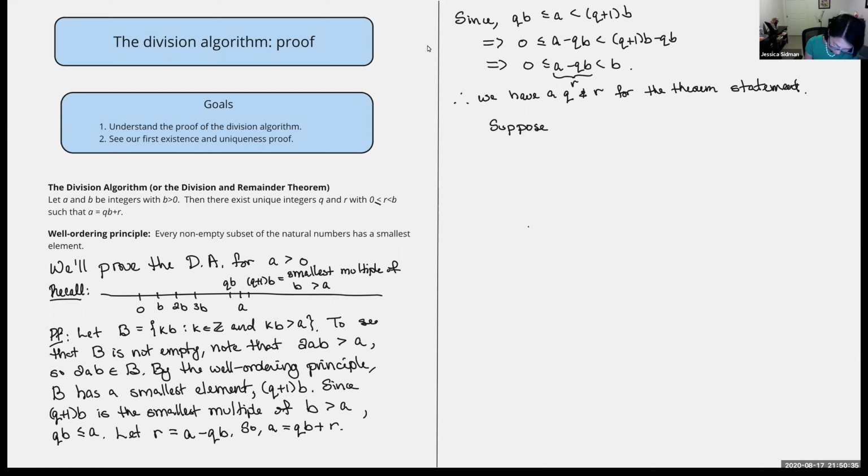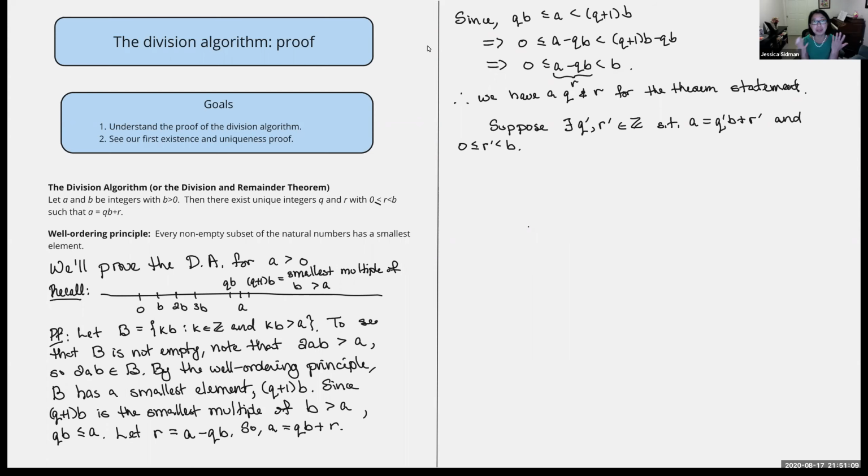Suppose there exist, and I'm gonna give them names Q prime and R prime in Z, such that A is equal to Q prime B plus R prime, and R prime satisfies the properties that a remainder has to have, okay?